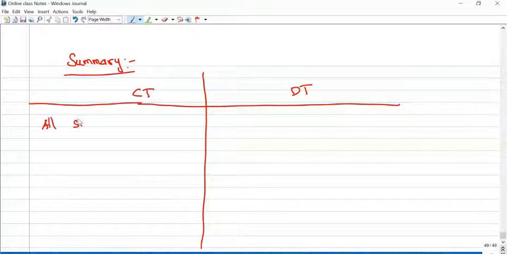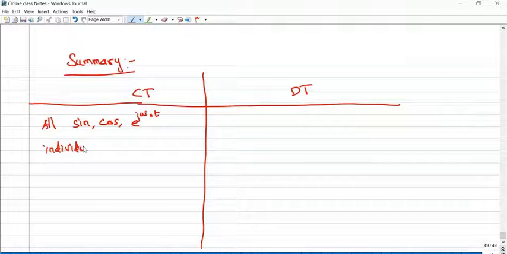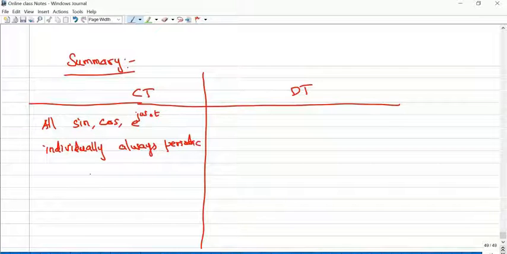All sine functions, cos functions, e power j omega naught t, all individual sine, cos, e power j omega t are always periodic in continuous time. Then you have to write down the time period T equals 2 pi by omega naught.